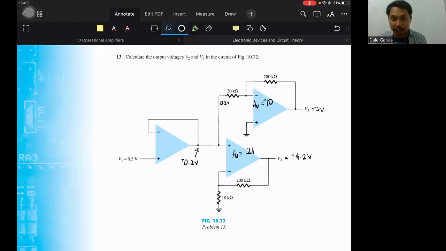At least this time, the gain formulas are easier. So if there are no more questions, we'll end here.